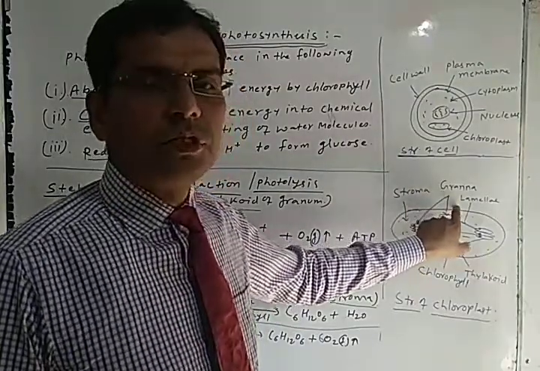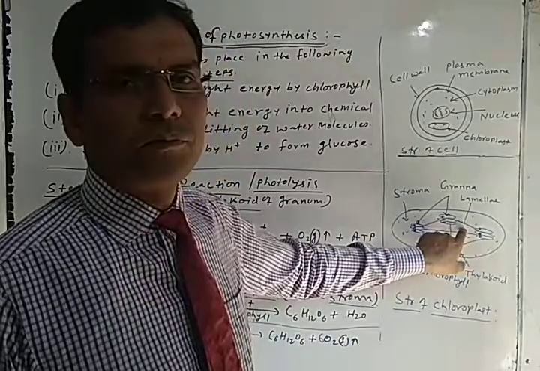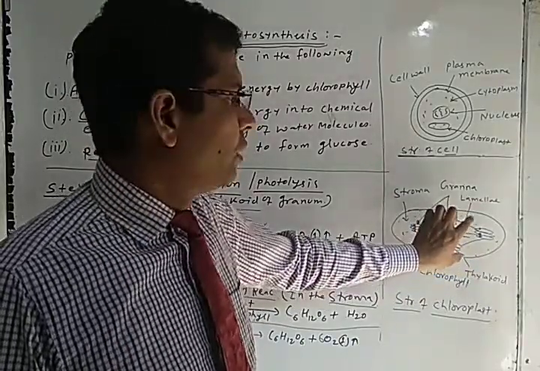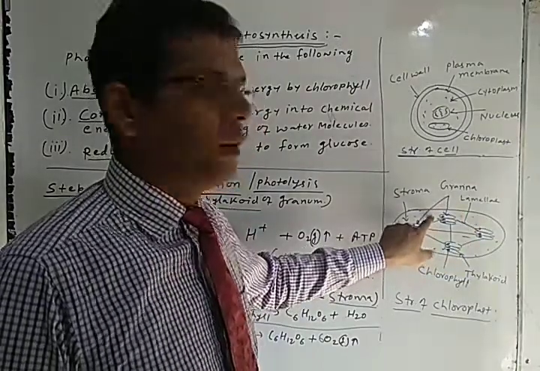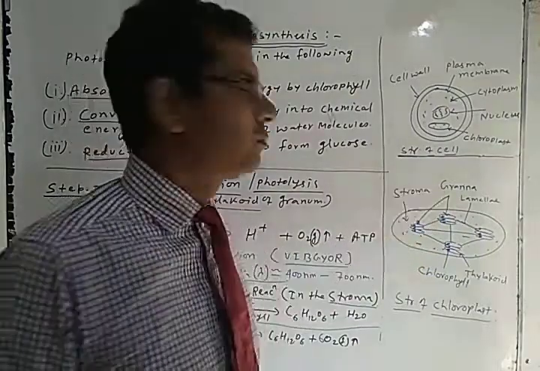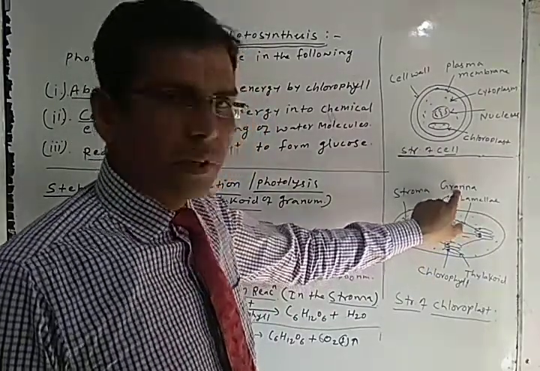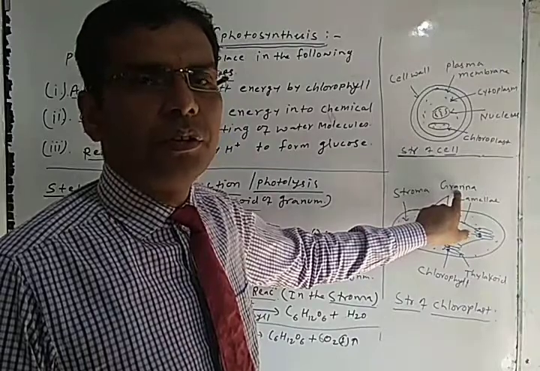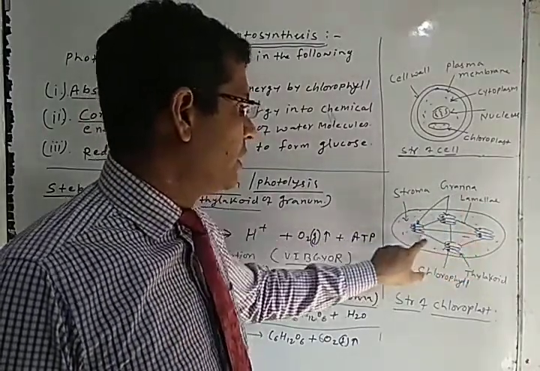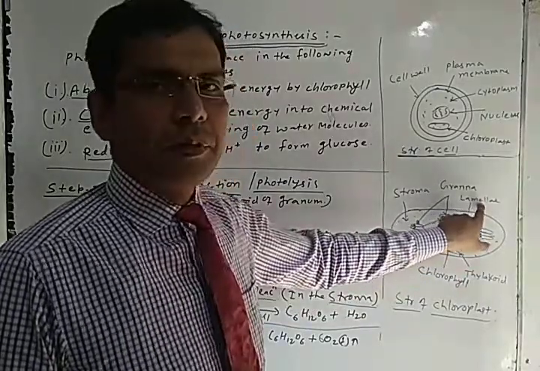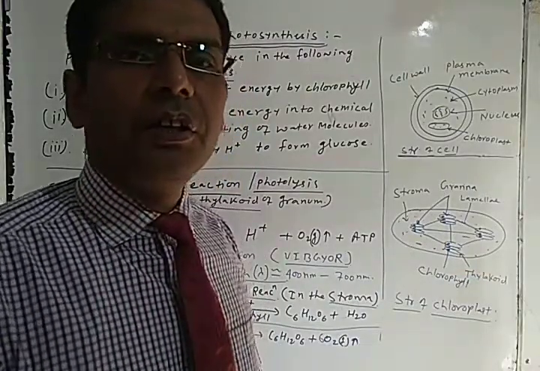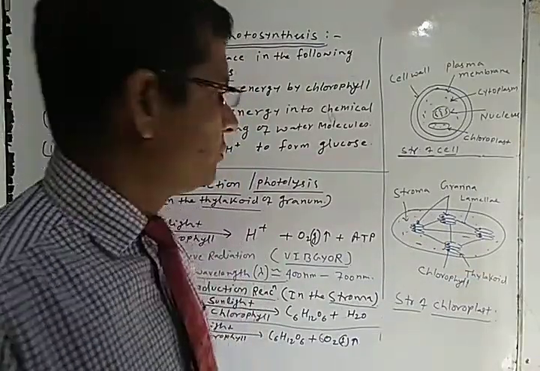Granum is invaginated in the stroma. ग्रेना जो होता है वह इस स्ट्रोमा फ्लूइड लाइक स्ट्रक्चर्स में धसी हुई रहती है. Singular is granum; plural is grana. One granum is attached with the other granum by lamellae. That means all grana are interconnected by lamellae.